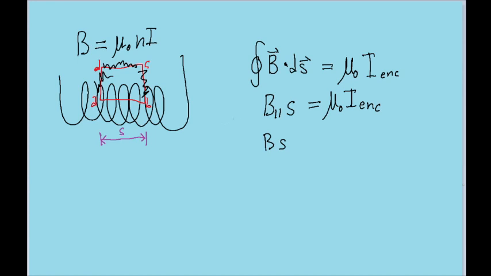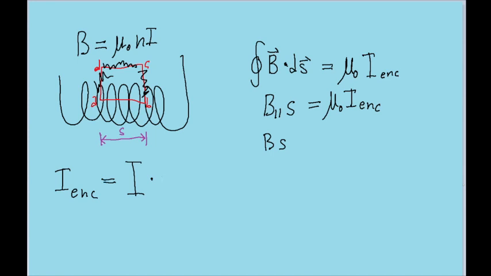So we can imagine that I_enc must be proportional to the length of s somehow. So we can say that the total enclosed current is equal to the current through the wire, which I'll say is I, times the number of coil turns within the rectangle, within the loop.